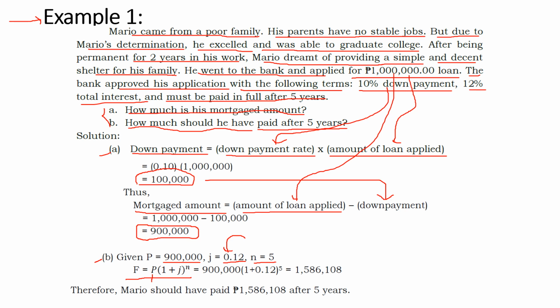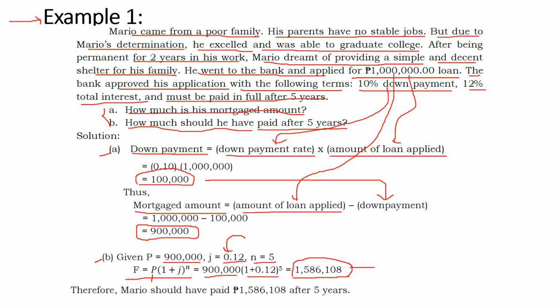Since it is compounded annually, we adopt the given number of years, which is 5. Substituting the given values, we have 900,000 multiplied by 1 plus 0.12 raised to 5. If we compute this, that will be equal to 1,586,108 pesos. And that will be the amount that he should pay after 5 years.